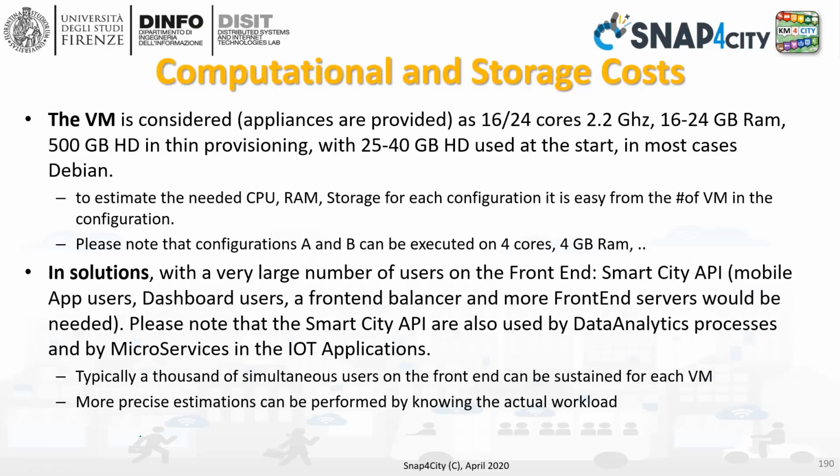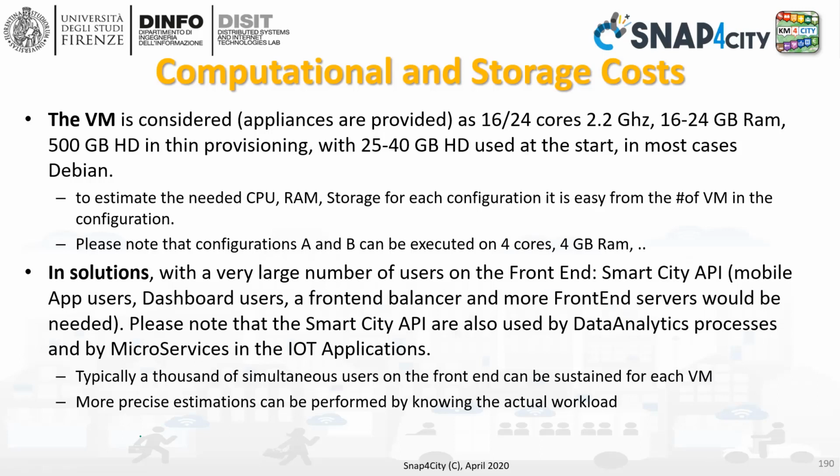But all this kind of storage is considered in thin provisioning to allow you to scale up in vertical scaling of your virtual machine. So the virtual machine can be installed and deployed in a thin provisioning manner.